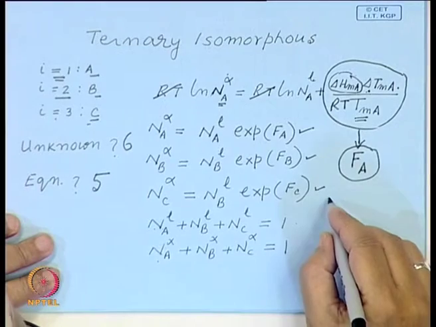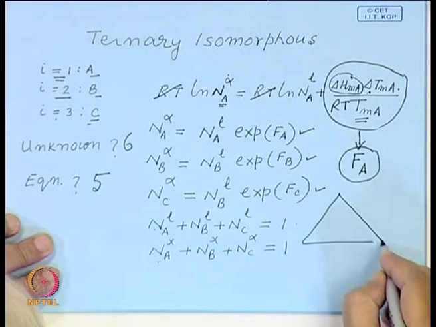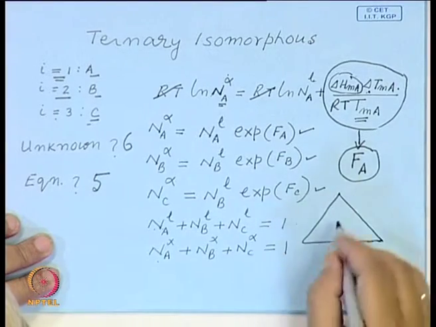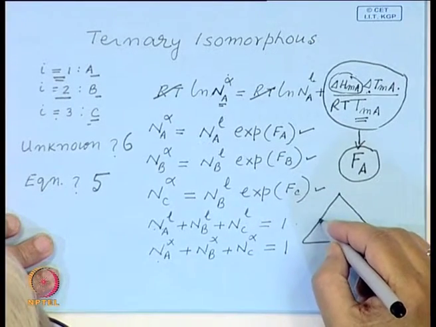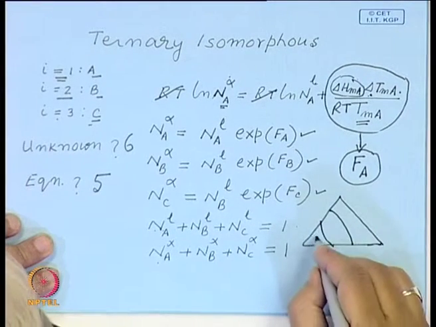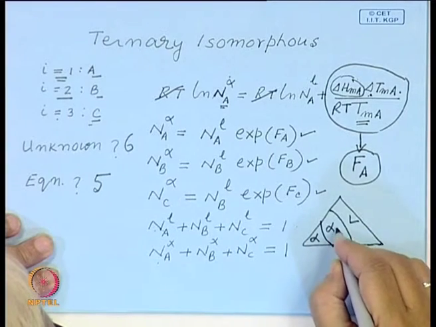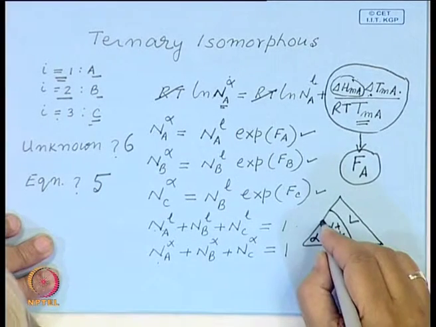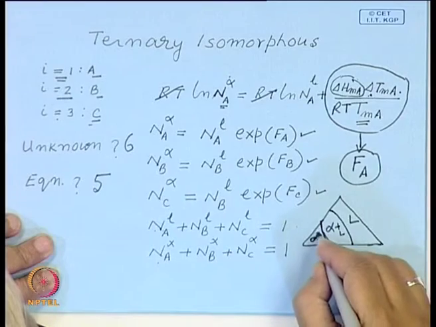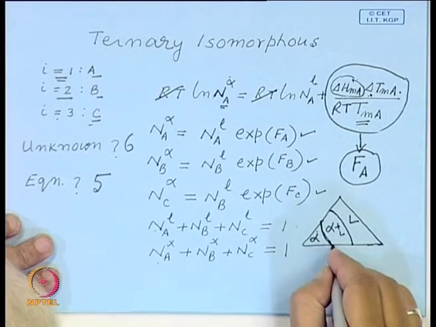So if you look at this composition triangle at a particular temperature, say suppose we have seen at a particular temperature, this side let us say is alpha, this side is liquid, this is alpha plus liquid. You want to find out at a particular composition which phase is more stable. How can you do it?